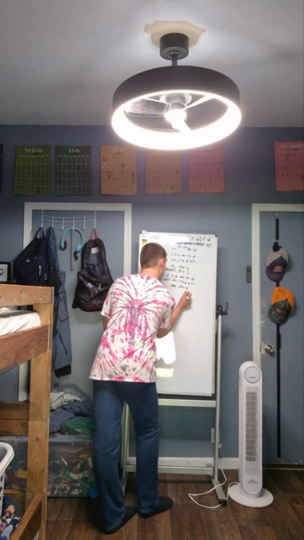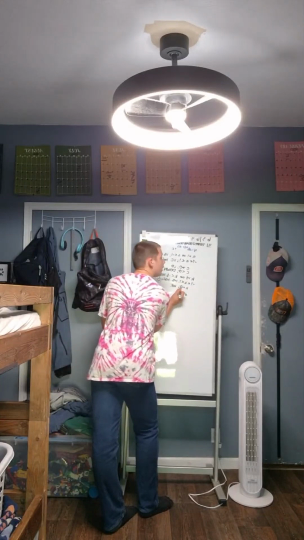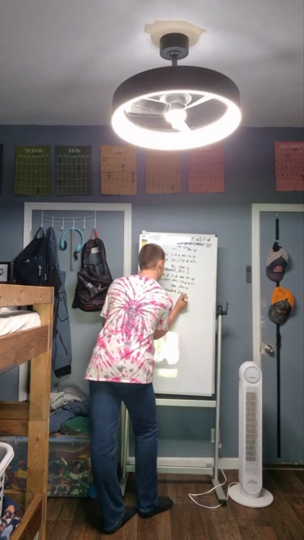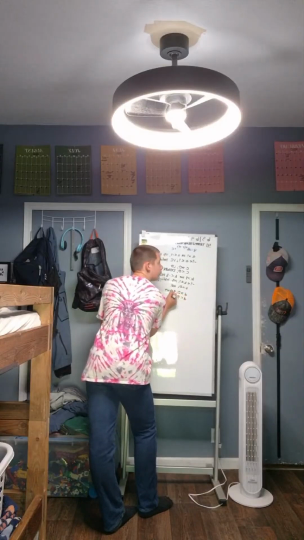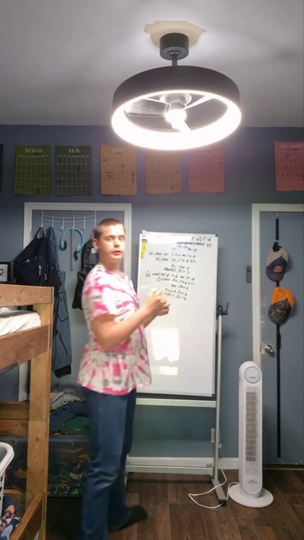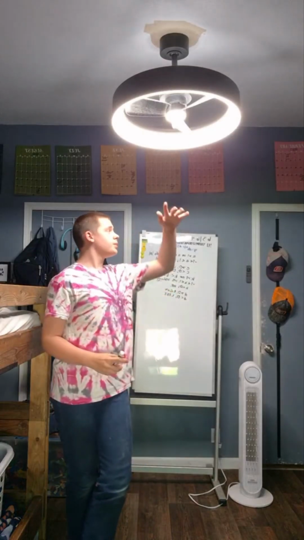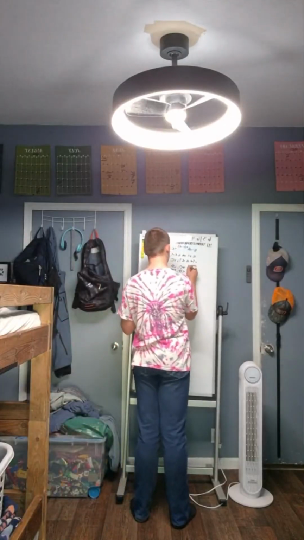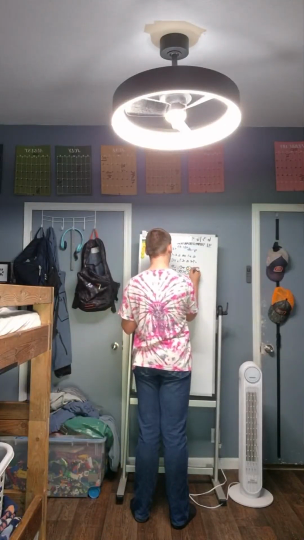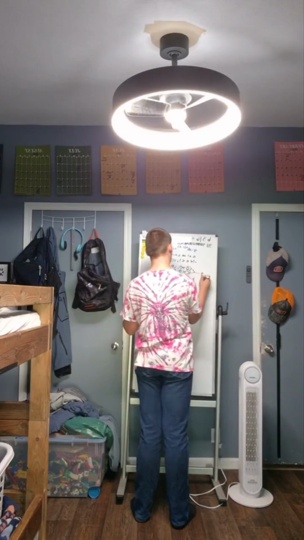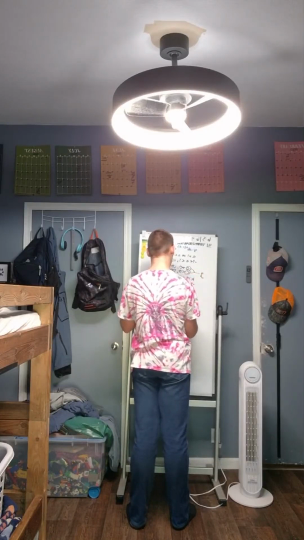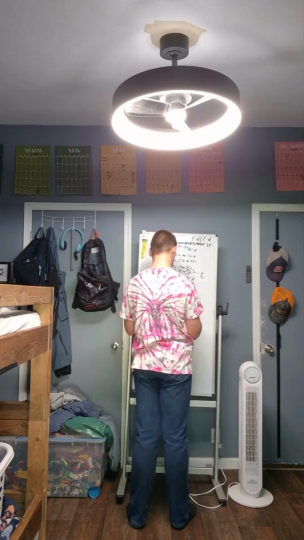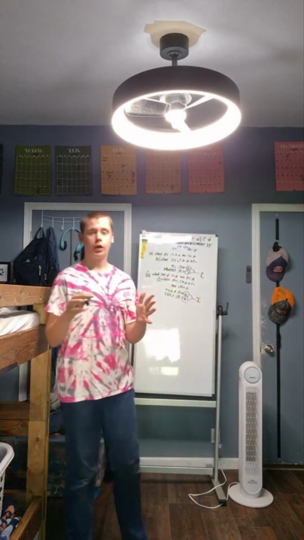So if d is greater than 0, then it goes right. So if d is less than 0, it goes left. So it goes up and down. And these are what we call x's.